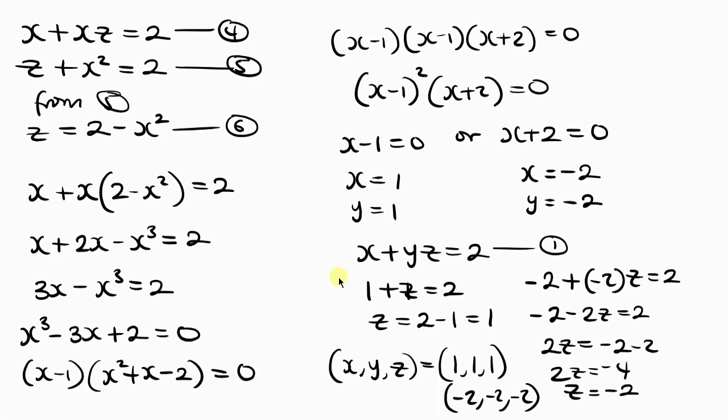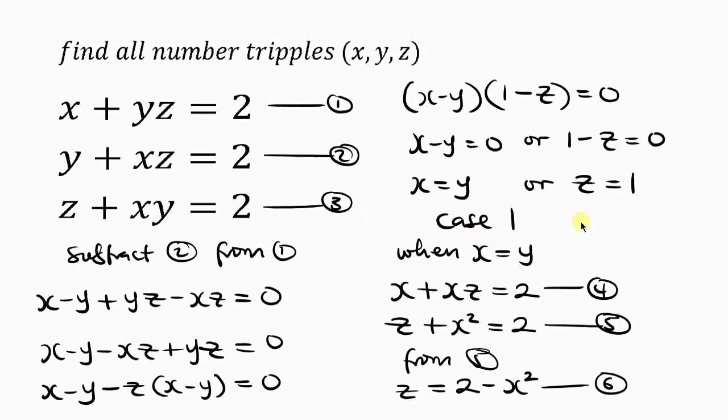So now let's solve for our second case. So our second case, we have z equal to 1. This is very easy because looking at equation 1, 2, and 3, you notice that the equations are symmetrical, which means that even when I interchange the position of x, y, and z, I'm still going to be getting the same result.